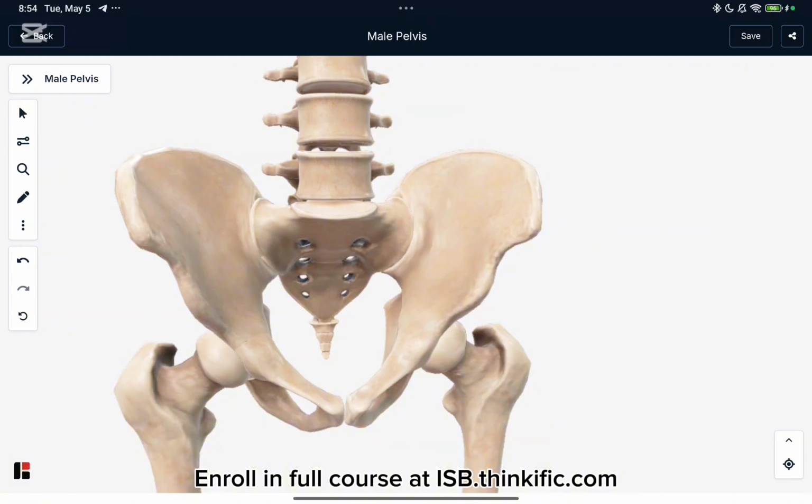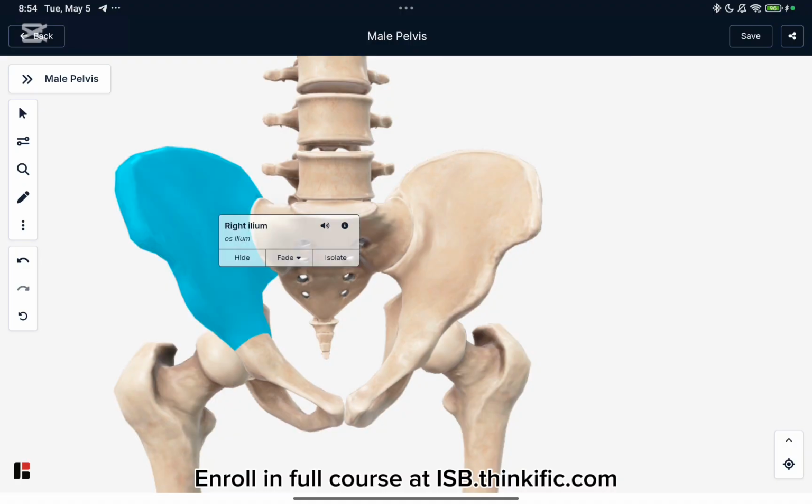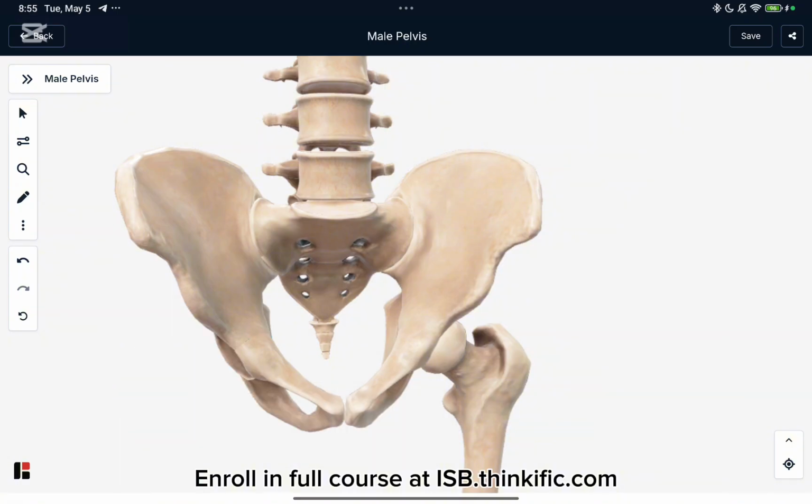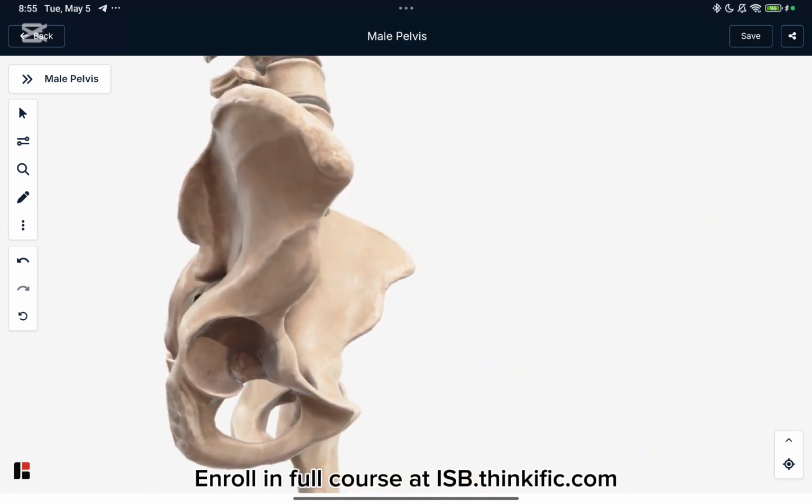Now, the three parts of the pelvic bone, the ilium, pubis, and ischium, are initially in the embryo three separate bones, but then they fuse.